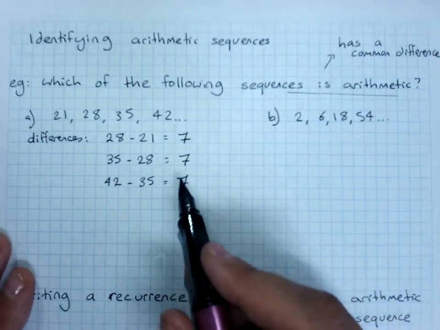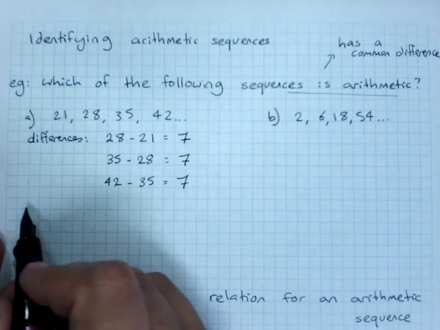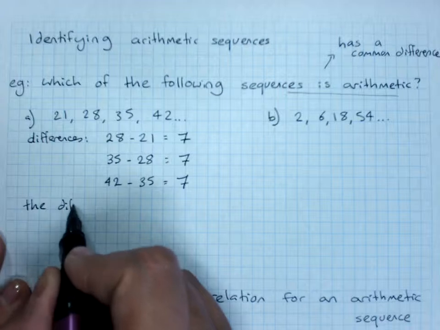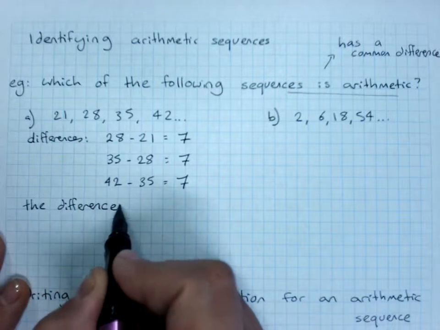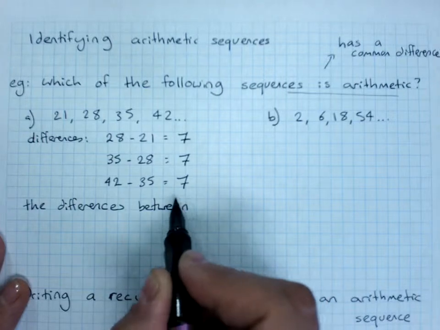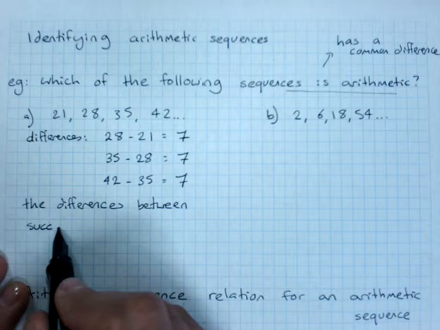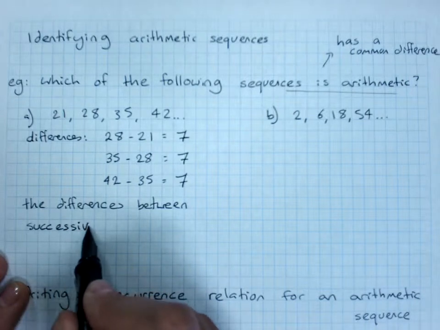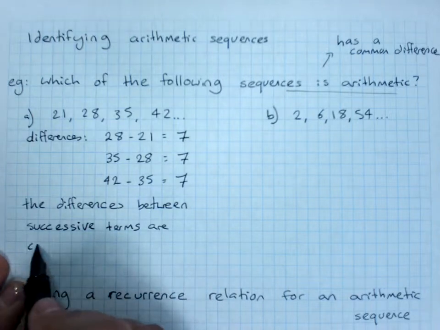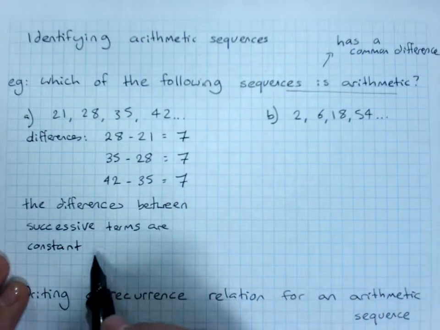Because the differences are common, that is, they are the same for each, we would say the differences between successive, that means one after the other, terms are constant, that means they stay the same, it's the same difference.